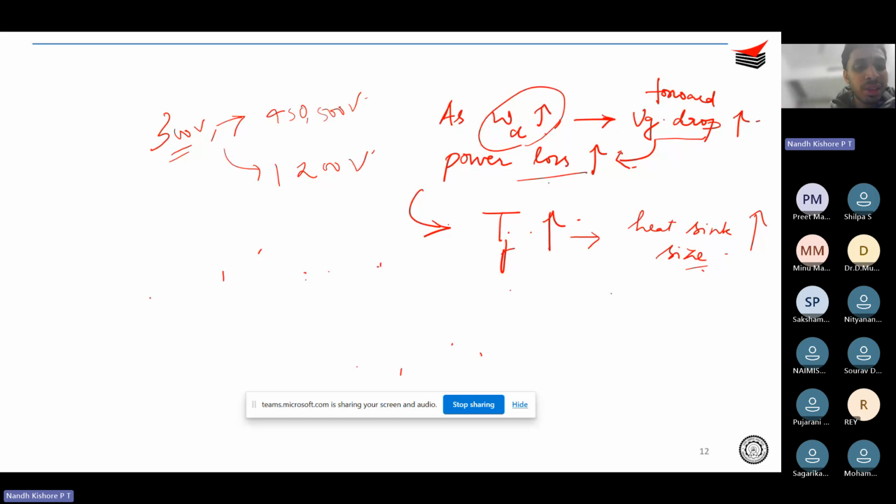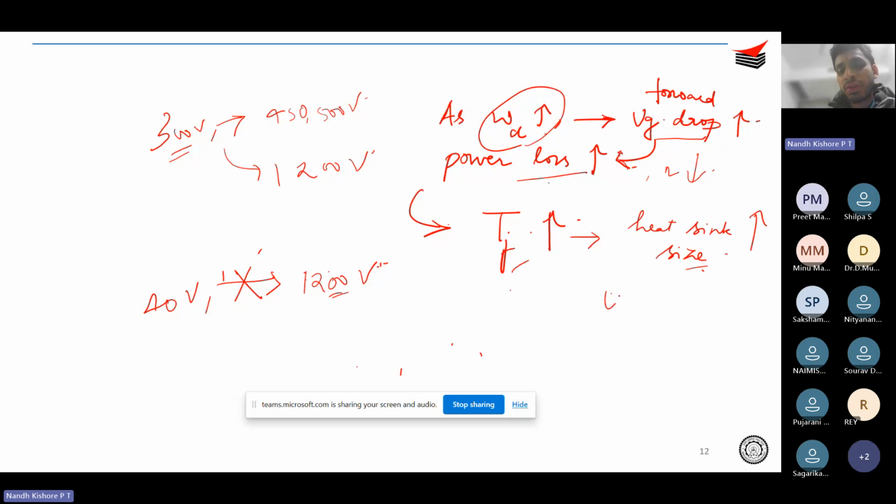That's the reason if someone asks, let's say for a 40 volt application, why not use a diode rated for 1200 volts, you can't, purely for this reason: unnecessarily your power loss is going to increase, efficiency is going to reduce, junction temperature increases, heat sink increases, unnecessary complications.